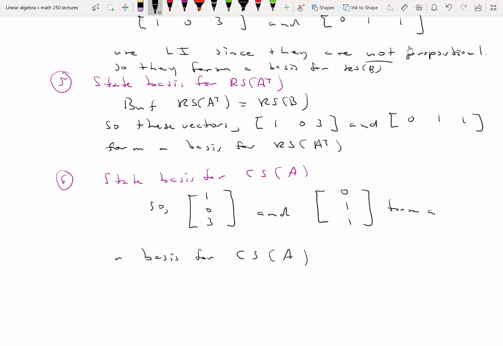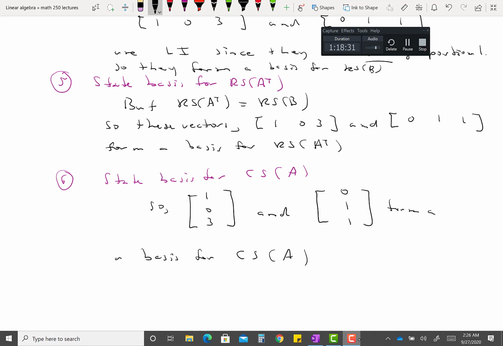I'm going to finish with one more example. This last example is a use of column spaces in matrix theory. There's nothing new here. It's just the same procedure that we did in this last example.